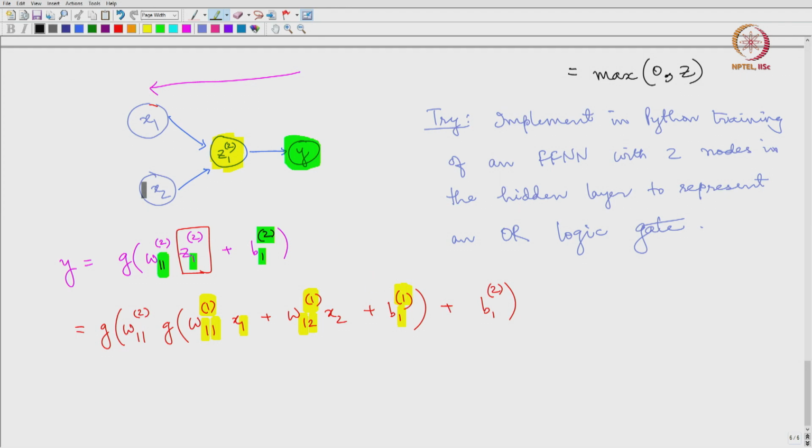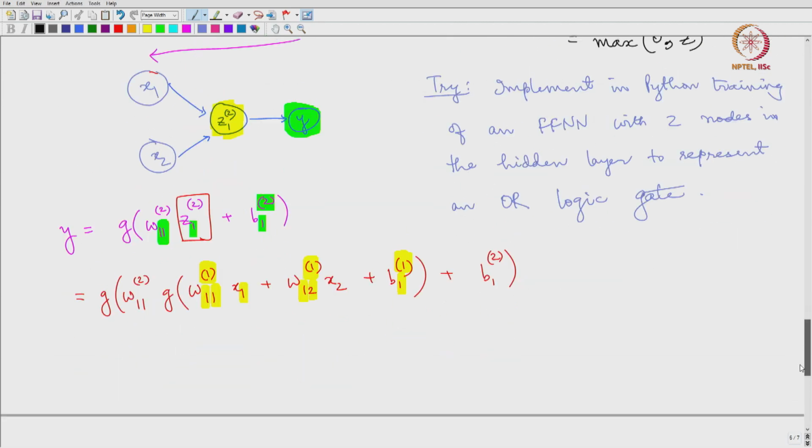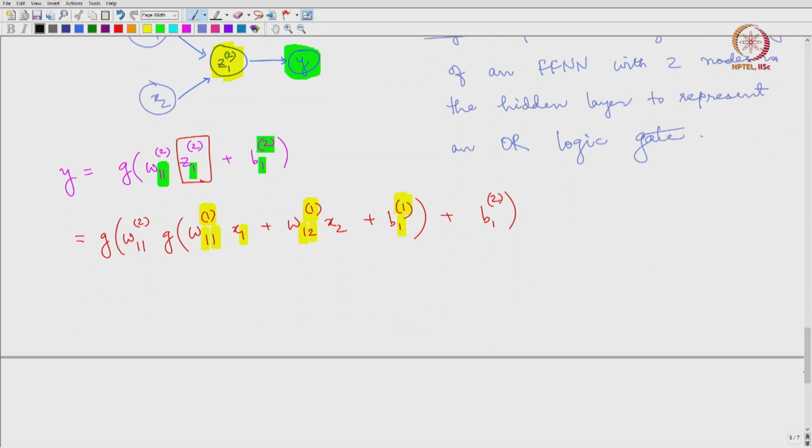Okay. So I hope this makes sense to you, how we have written down this expression. In one of the earlier lectures I told you that these weights can essentially be written as a matrix, and that makes everything easy because you can apply linear algebra. So here the weight matrix corresponding to the first layer is simply w111 w121.